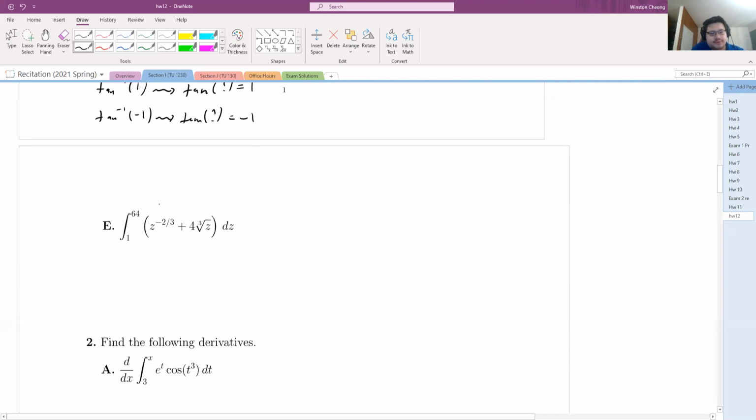Okay. So this reverse power rule. We add 1 to this power, and then we divide. So adding 1 to this power is going to give you 1/3. And then you're going to divide by 1/3, which is the same thing as reciprocated. You multiply by 3.